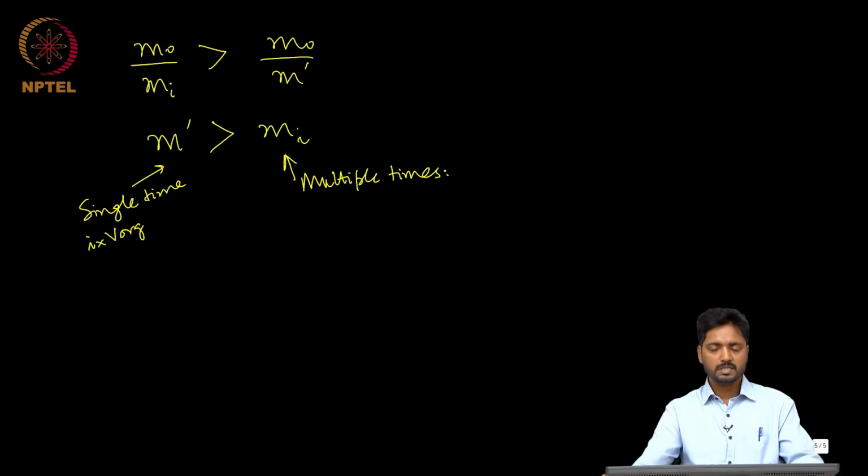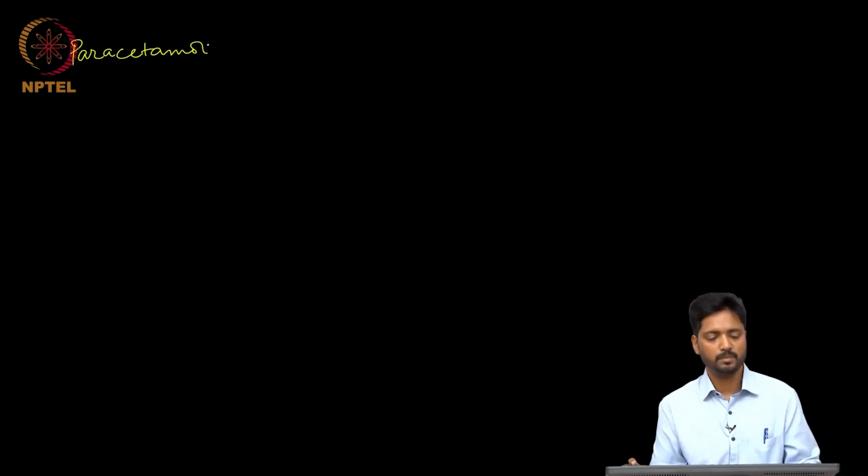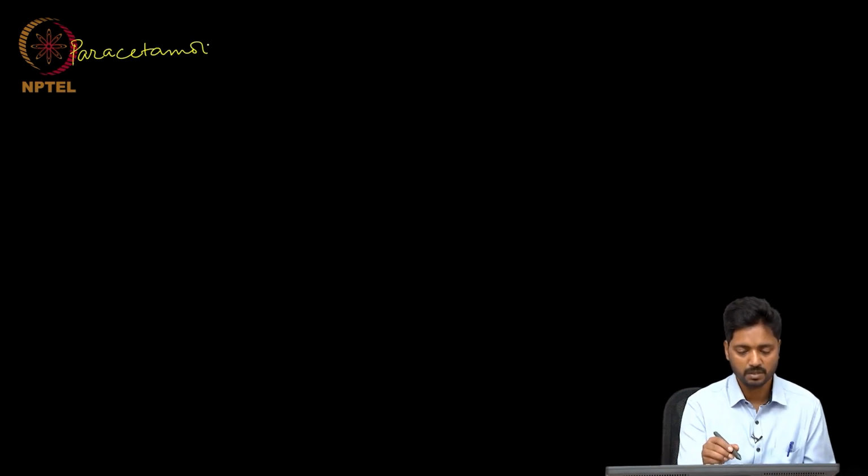Now, let us look at this from a real examples perspective. For that I have taken the example of paracetamol, and this is of course a very commonly employed drug, and I am sure all of us would have taken paracetamol at some point of time in our lives.